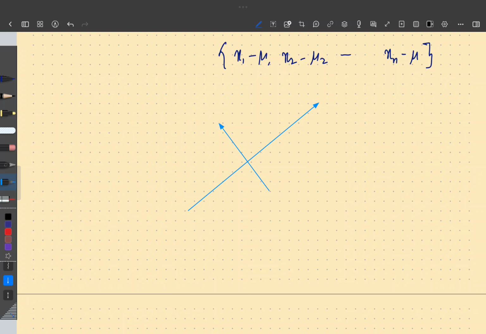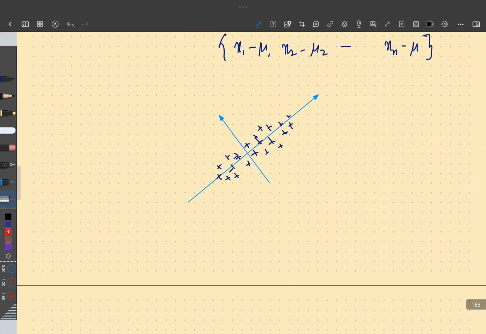All right, so let's suppose that we have already centered the data points, and you have a collection of data points that look like this. Intuitively, it would seem that what PCA should do is project all of the points down to this particular subspace.